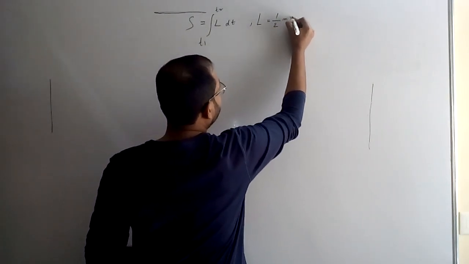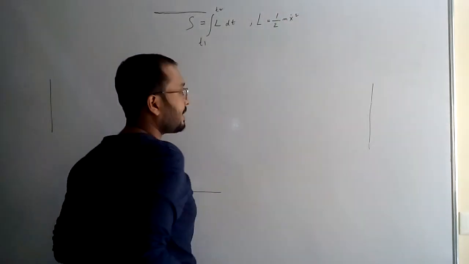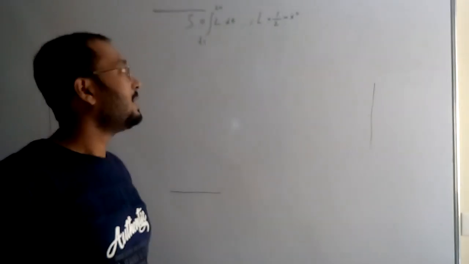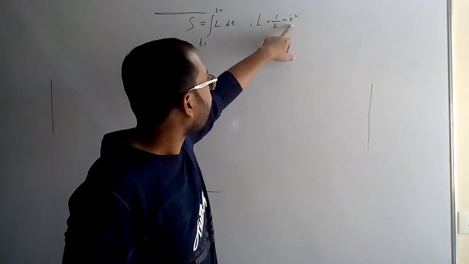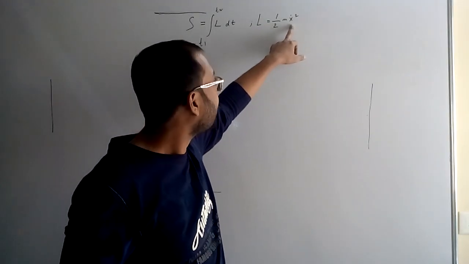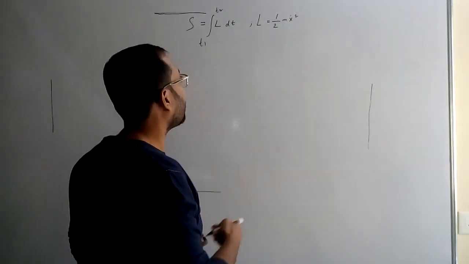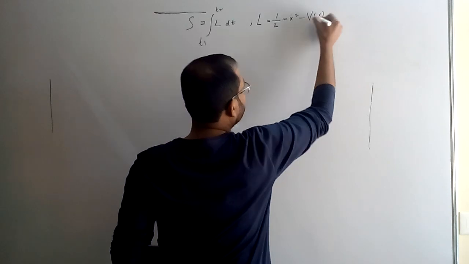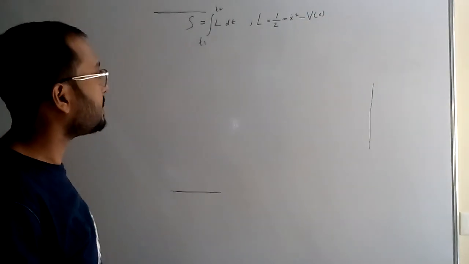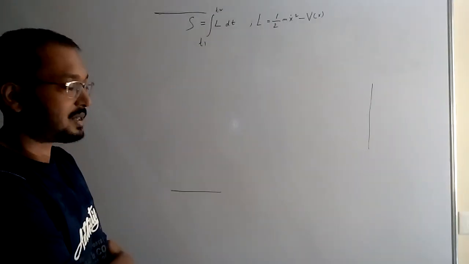So half m x dot squared, by x dot I mean the derivative of x with respect to time, therefore x dot is the velocity, so half m v squared can also be written as half m x dot squared, minus the potential energy, where I assume that the potential energy V is a function of position.